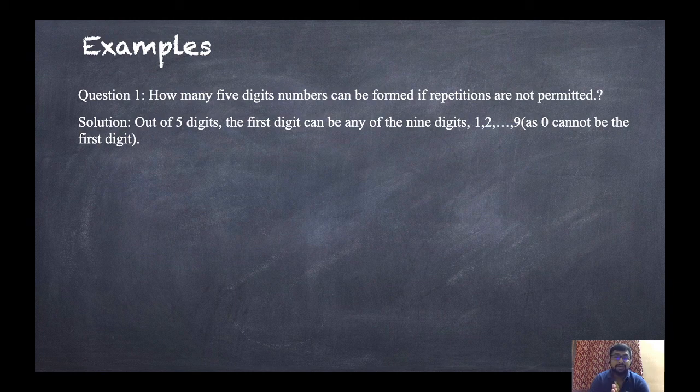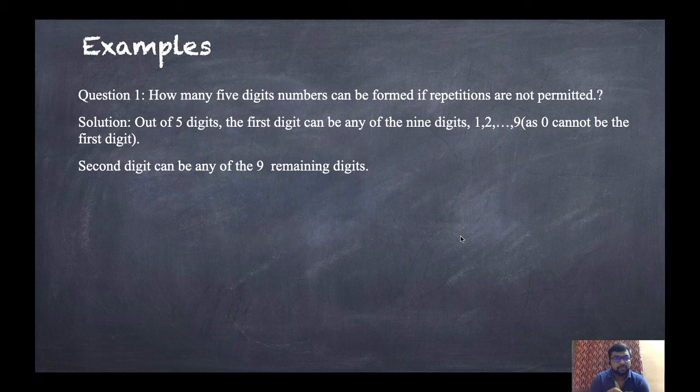So we have a total of 10 digits, that means 1 to 9 and 0. Out of 5 digits, the first digit can be any of 9 digits, as 0 cannot be the first digit. Now for the second digit, 0 can be put, but here repetitions are not allowed, so we have already chosen one digit for the first digit.